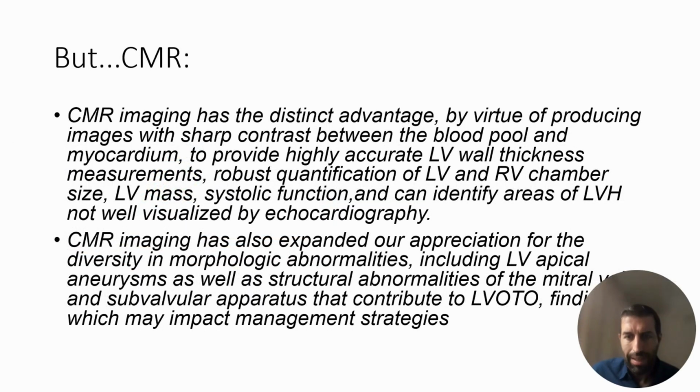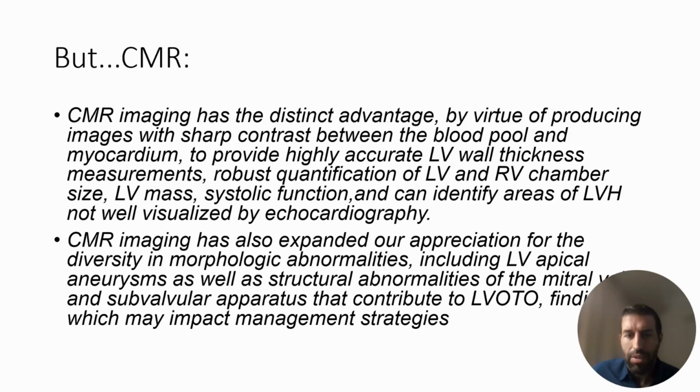But CMR imaging has the distinct advantage by virtue of producing images with sharp contrast between the blood pool and myocardium to provide highly accurate LV wall thickness measurements, robust quantification of LV and RV chamber size, LV mass, systolic function, and can identify areas of LVH not well visualized by echo.